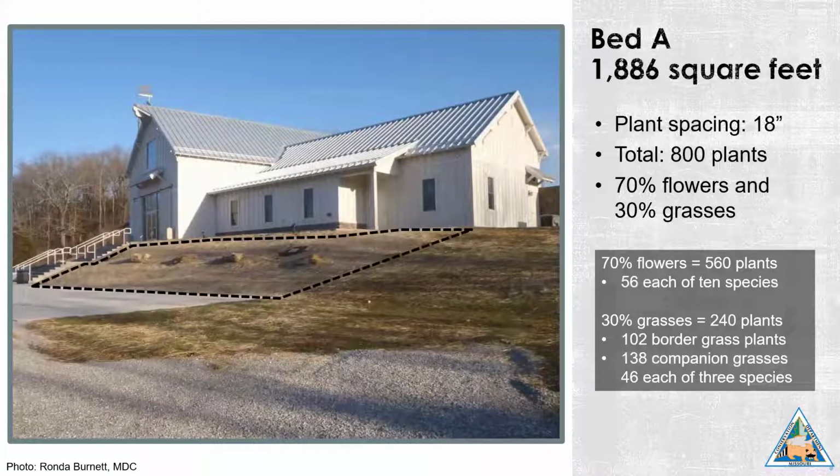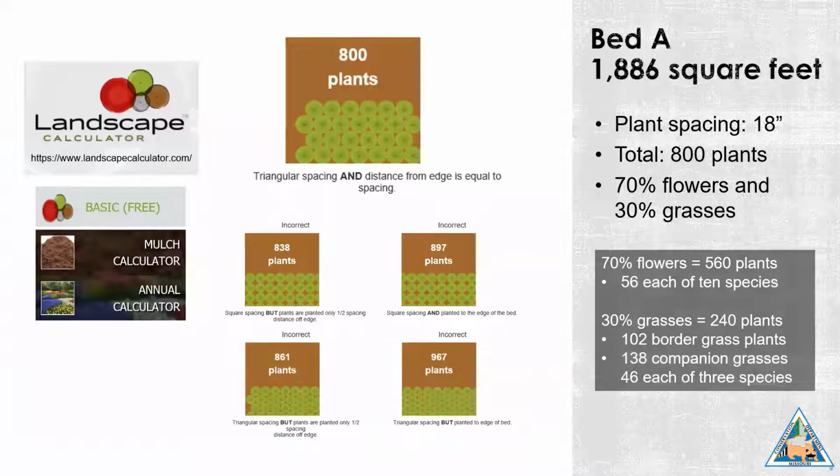So I decided on 18 inches for all of the plants in the bed. And I was able to measure out and find the square footage of all of the landscape beds in front of the museum.